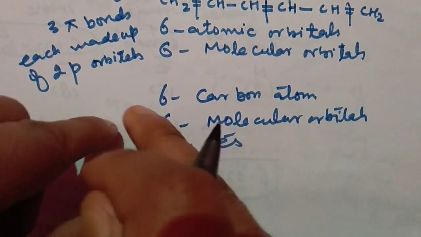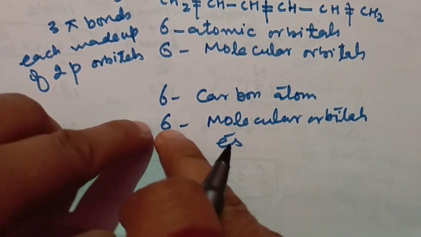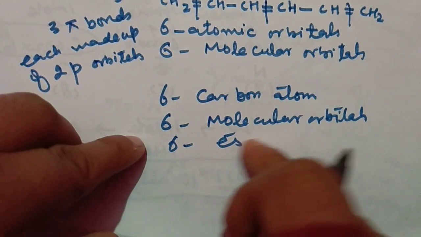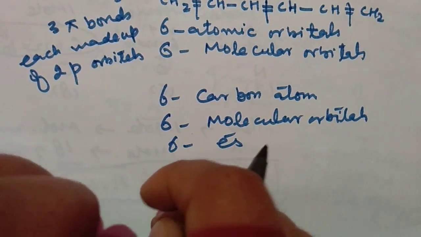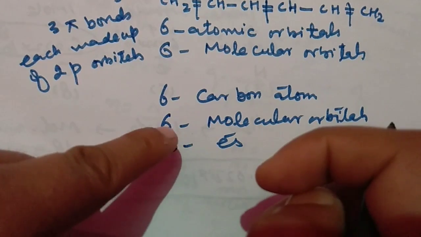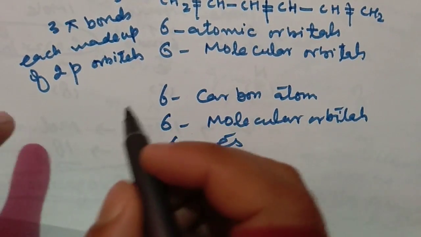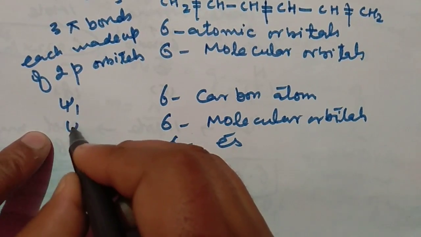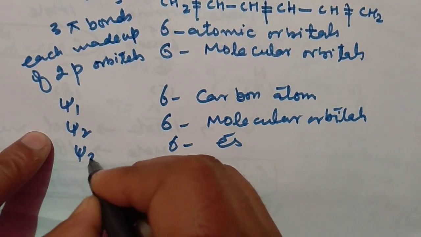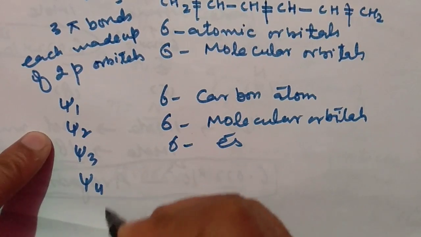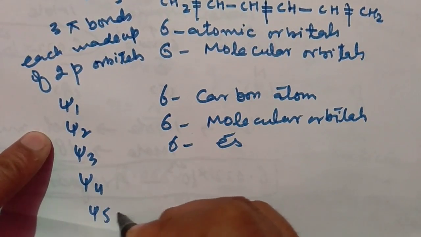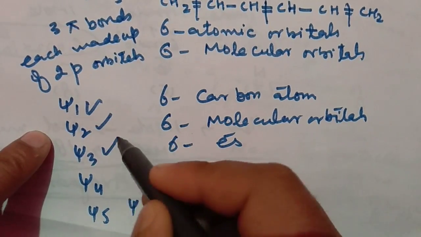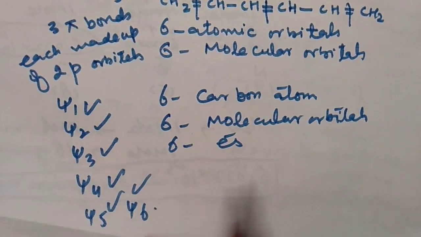If there are 4 carbon atoms, we expect 4 molecular orbitals and there are 4 electrons. Here the 6 molecular orbitals are psi 1, psi 2, psi 3, psi 4, psi 5, and psi 6.